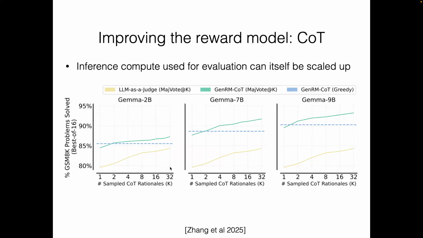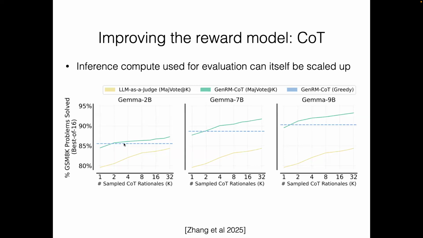In some sense, you can scale up the test time compute for the reward model. So you have two different types of test time compute. You have scaling up the number of generator outputs, and now you can even scale up the amount of compute that's used to evaluate the generator outputs, if that makes sense.